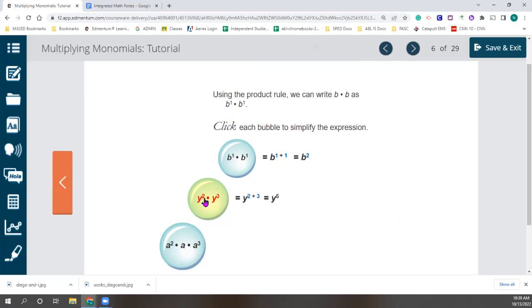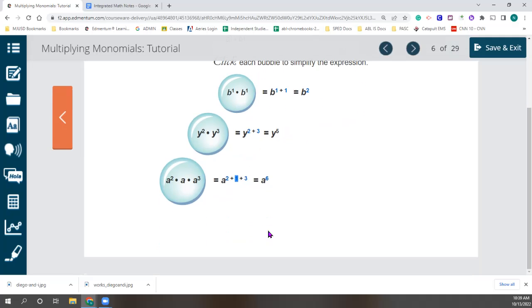So it's showing that you can add the 2 and the 3 exponents to make 5. A to the 2nd. This is implied that there's a 1 here, like we talked about with the 1 in front of a letter, and then the 3. So it adds up to 6.